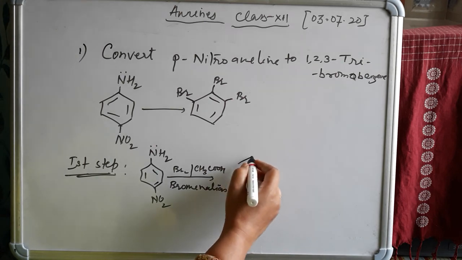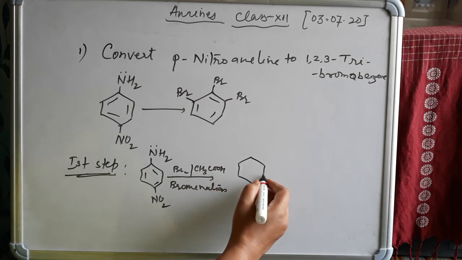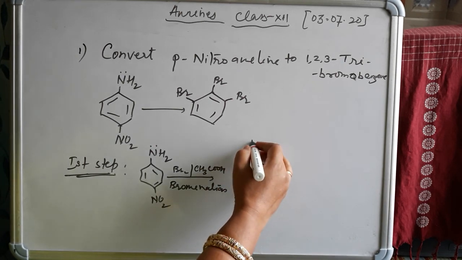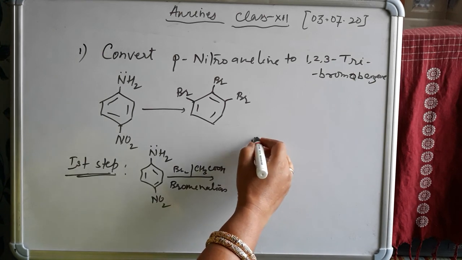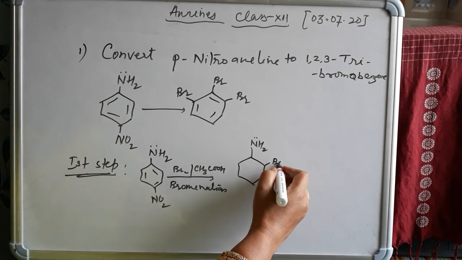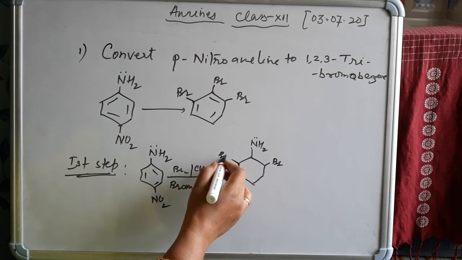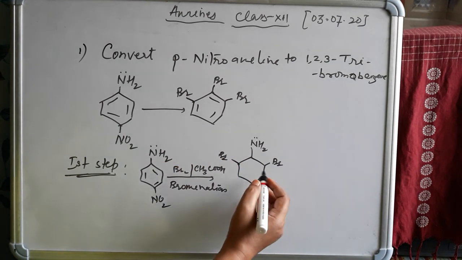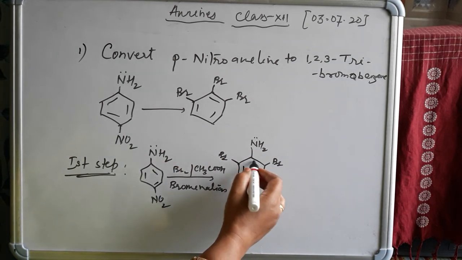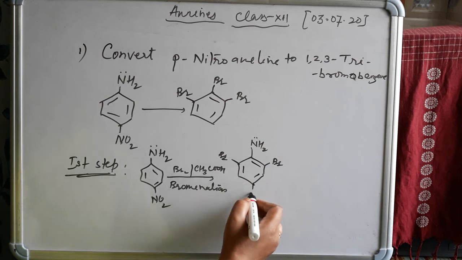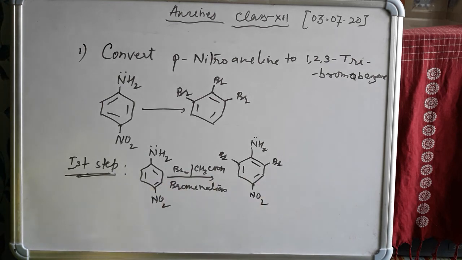So see here, aniline, here the bromine and here the bromine, because we know that this is an ortho-para directing group, and this position is N2.